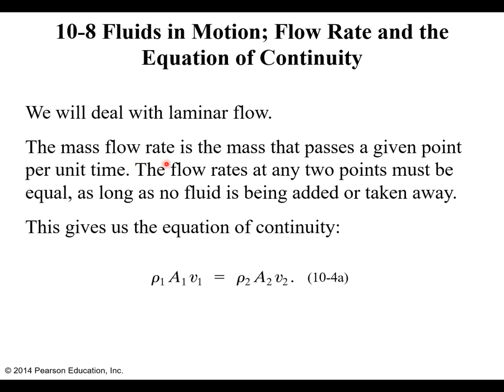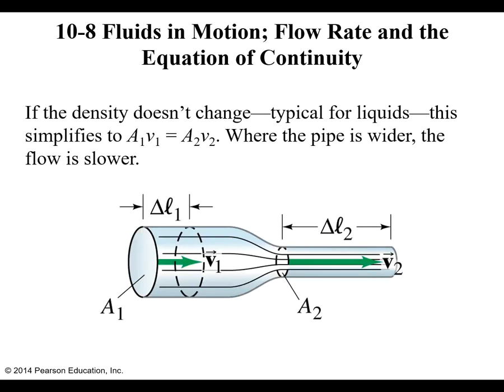Now, the mass flow rate that passes a given point per unit time at any 2 points must be equal. Let me show you what I mean by that in this next slide, and then I'll come right back. So we have a tube where the diameter decreases.